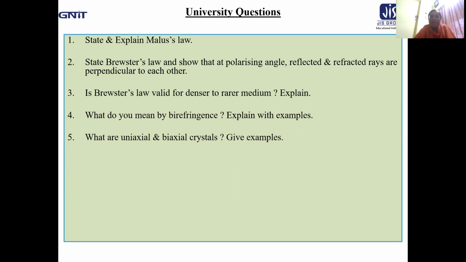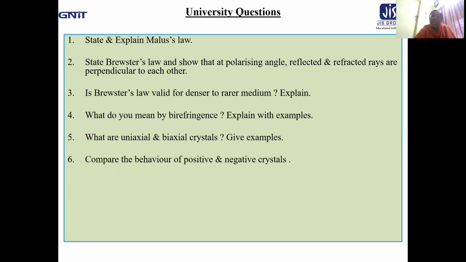It is also discussed. Uniaxial means the system having one optic axis. Biaxial means the system having two optic axes. Examples of uniaxial are tourmaline, calcite, quartz, and for biaxial, topaz, aragonite.